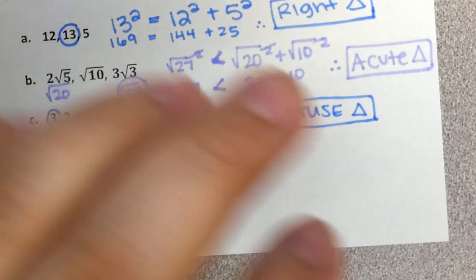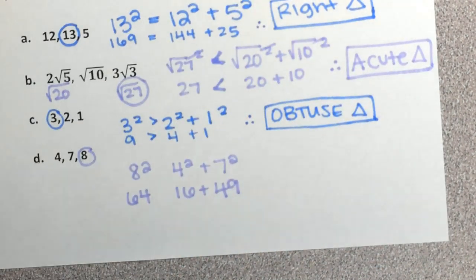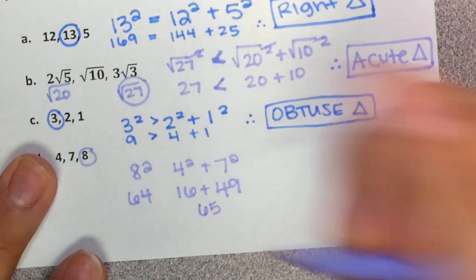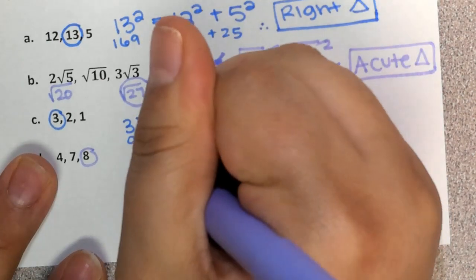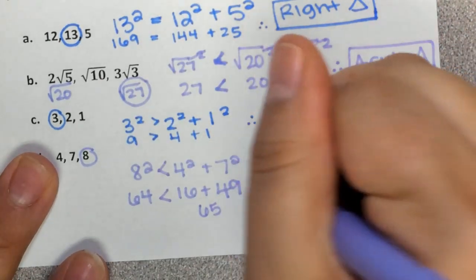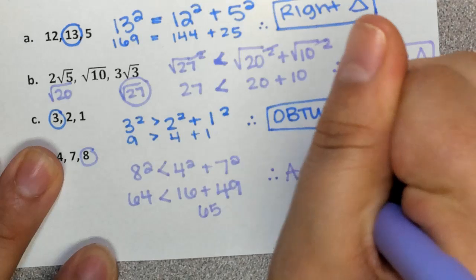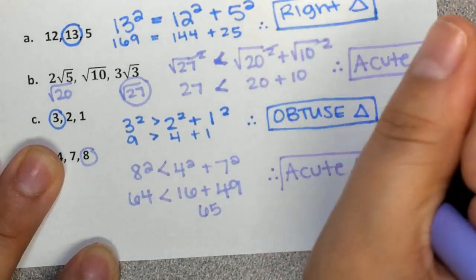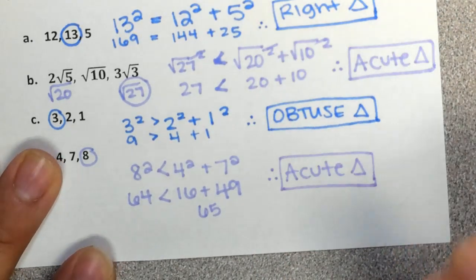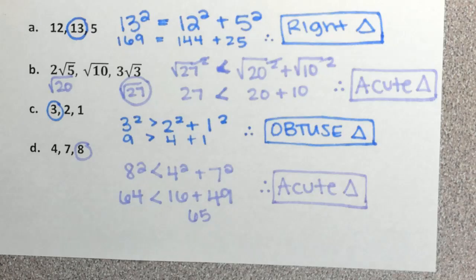What is 16 plus 49? 65. How does that compare to 8 squared? It's a little cute. I switched them up. Don't talk about yourself like that.